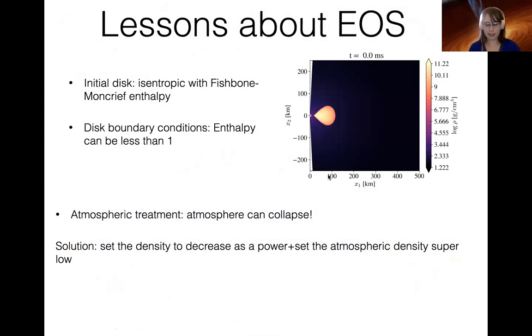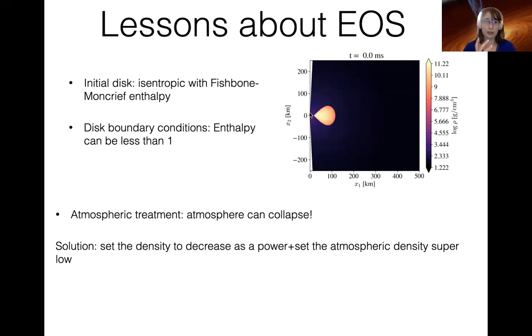Now, one of the things that we learned about the equation of state in particular, because we also tested this with a Fishbone-Moncrief disk, which is isentropic and has an enthalpy that you can get for Fishbone-Moncrief, is a lesson.